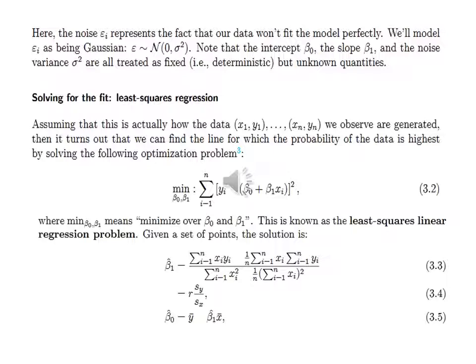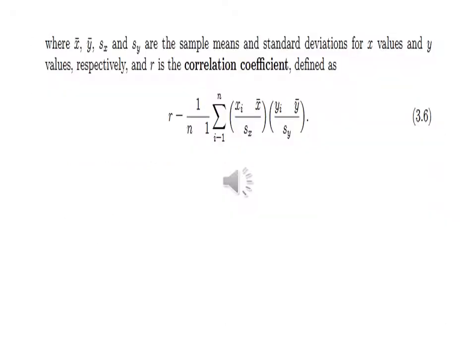We must find beta 1 hat and beta 0 hat: beta 1 hat in equation number 3, r in equation number 4, and beta 0 hat in equation number 5, where x bar, y bar, sx and sy are the sample means and the standard deviations for the x values and y values respectively, and r is the correlation coefficient.